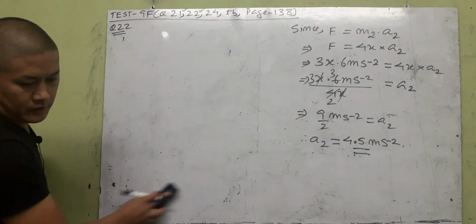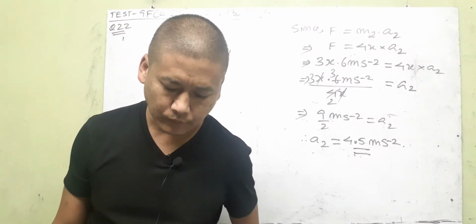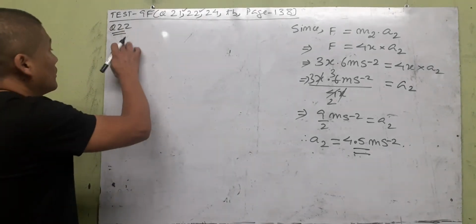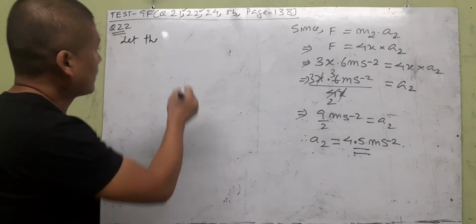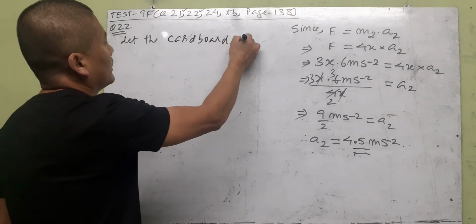Let me read the question for us. A cardboard box and its content has a total mass of 30 kg, pushed across a rough floor. So let the cardboard with its contents be moving from left to right.